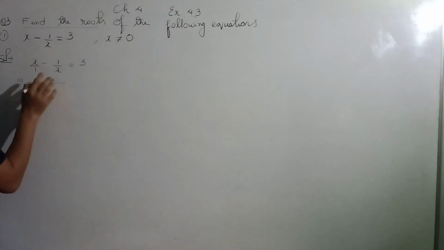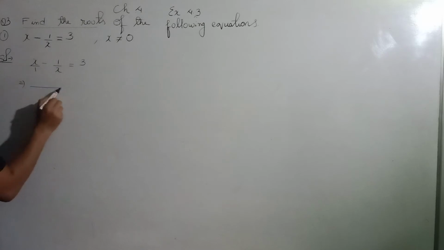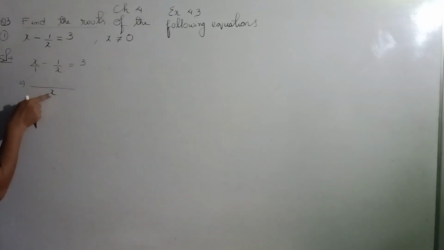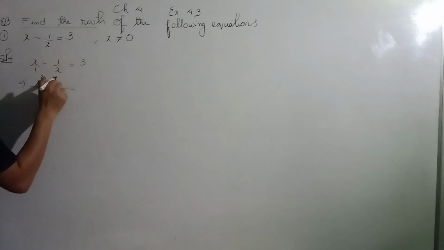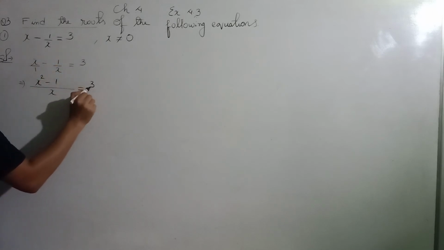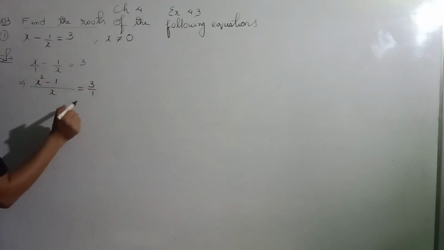Here we have x in the denominator. So the LCM of 1 and x will be x, right? X divided by 1 is x. X times x is x squared. X divided by x is 1, 1 times 1 is 1, is equal to 3. 3 we can rewrite as 3 upon 1.